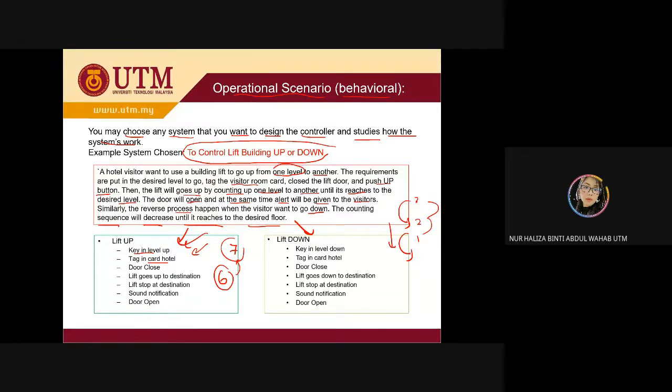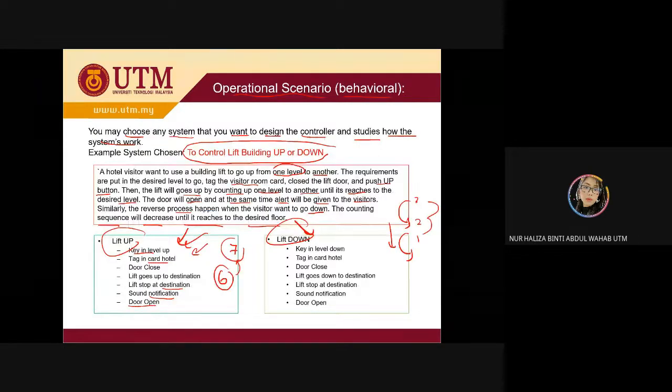And then whether the door is closed or whether the door is open when it reaches the destination. Lift goes up to the destination, stops at the destination, sound notification, and door opens when it reaches. So all this scenario you need to discuss.